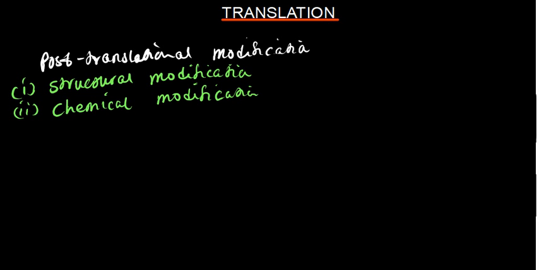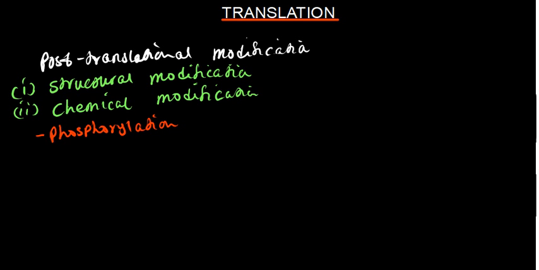Different chemicals can be added to different proteins with regard to the different functions that different proteins perform. The first, we can talk of protein phosphorylation. Protein phosphorylation is one of the examples of chemical modification.